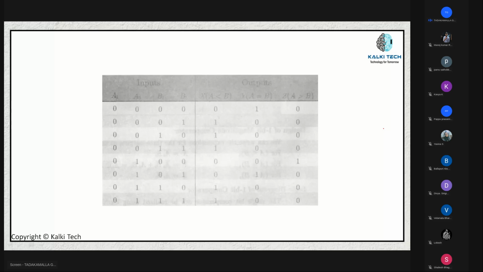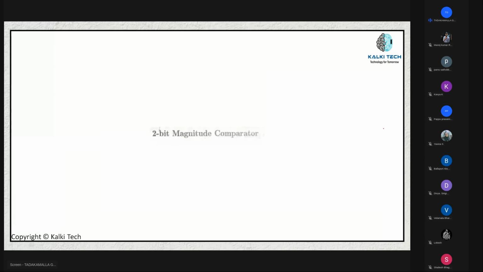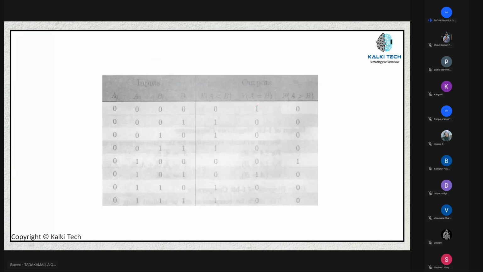Next is the 2-bit magnitude comparator. So your input bits will be 2 bits, that is, A will be of 2 bits and B will be of 2 bits. If you know the truth table, then you can draw that particular logic diagram. So here it is 0 0 and 0 0.